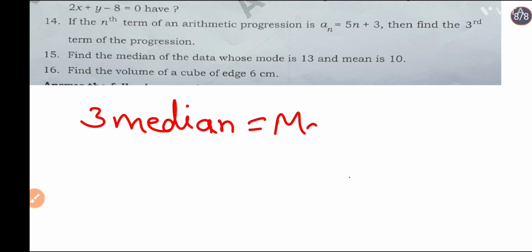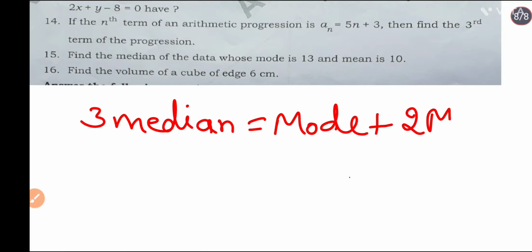Question number 15. Find the median of the data whose mode is 13 and mean is 10. What is the relation between mean, median and mode? That is 3 median equals mode plus 2 mean.